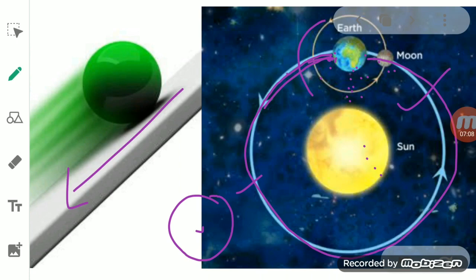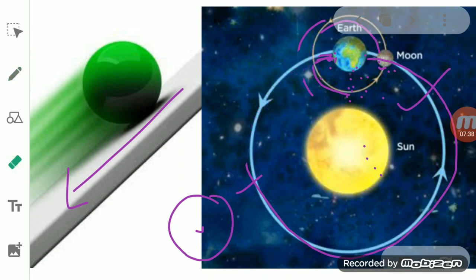So here also rotation and revolution occur. Rotational motion is shown by the moon when it moves on its own axis, and finally it covers the whole distance around the earth. So we can say that it covers the same distance in a fixed period of time, and that kind of motion is known as periodic motion.